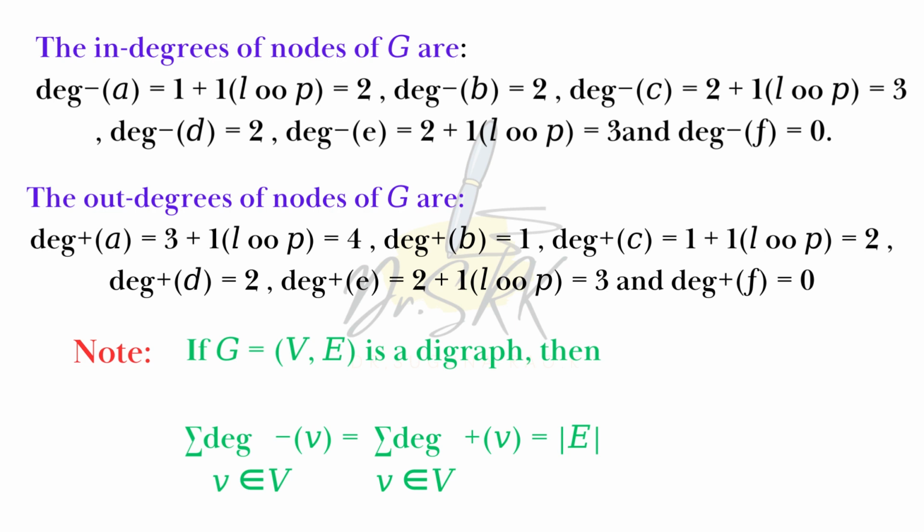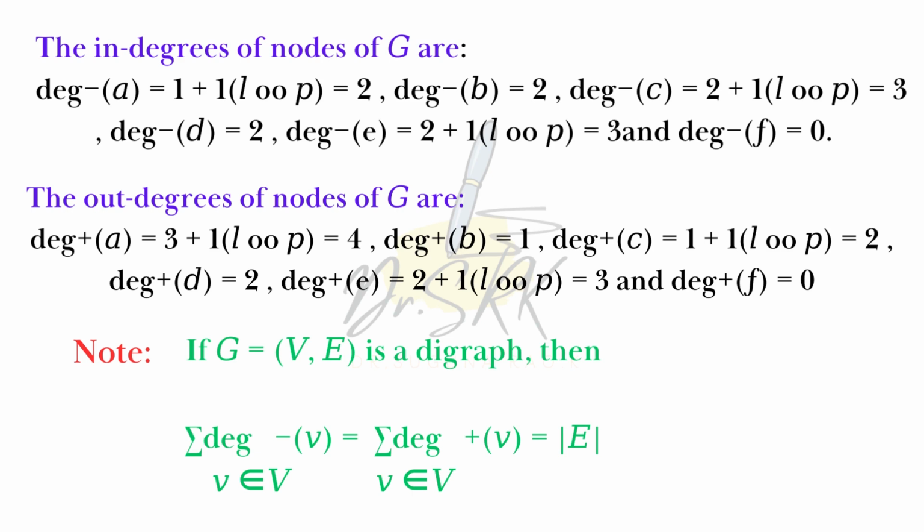Minus means in degree. Degree minus of C equals 2 plus 1, which is 3. Degree minus of D equals 2. Degree minus of E equals 2 plus 1, equal to 3. And degree minus of F equals 0.